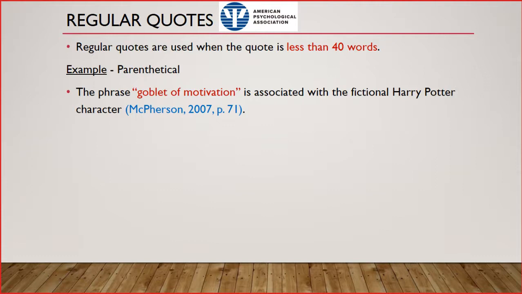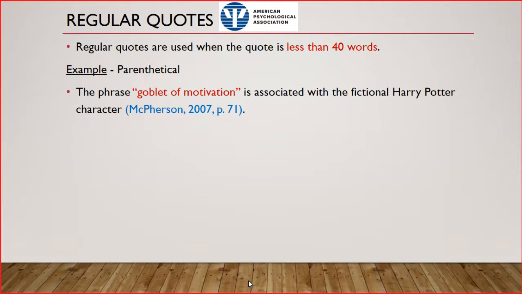This is considered parenthetical because you see that Macpherson 2007 and P71, we encapsulate everything in a parenthesis or a bracket, and this is separate from the sentence itself. What do I mean by separate from the sentence?